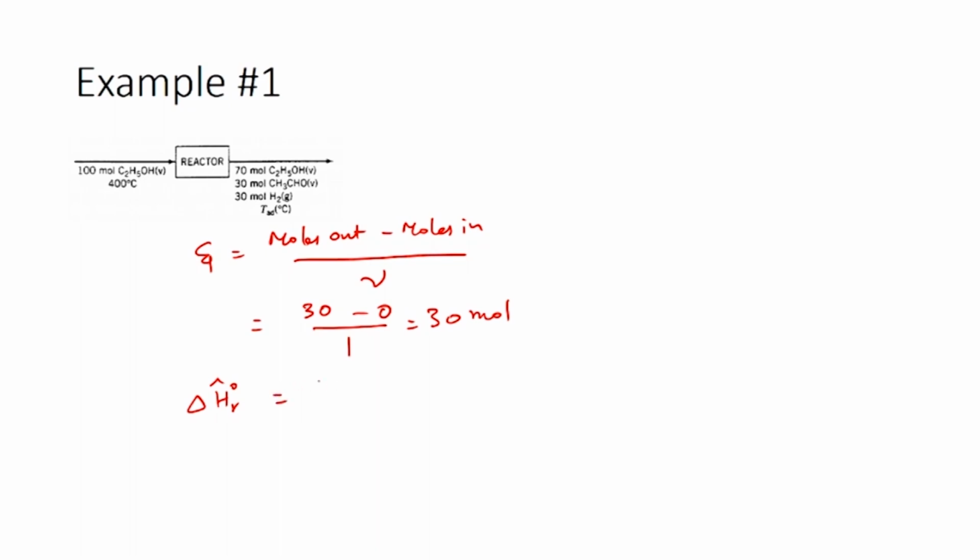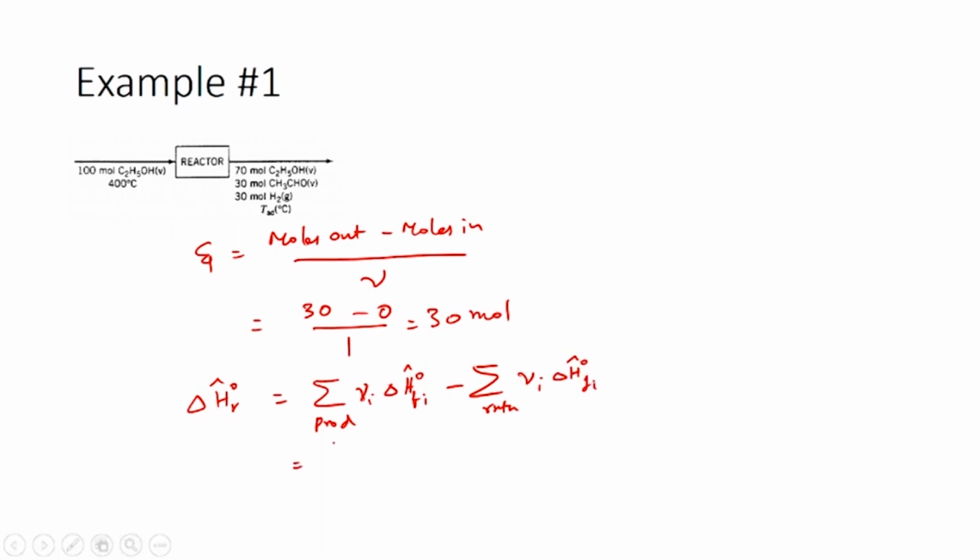You would have sigma nu i delta HF cap, the standard heat of formation for products minus the similar value for reactants. You would have stoichiometric coefficient times heat of formation for the reactants.